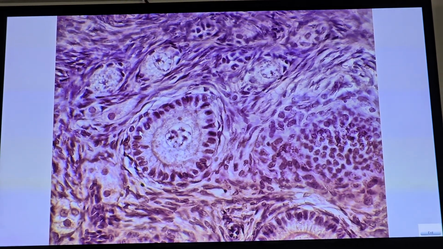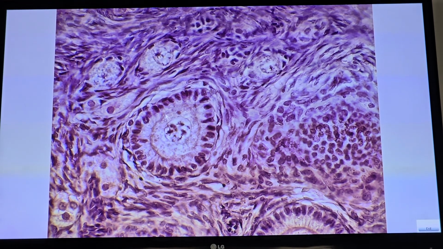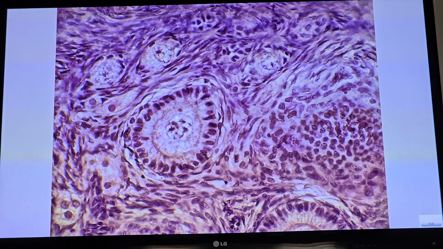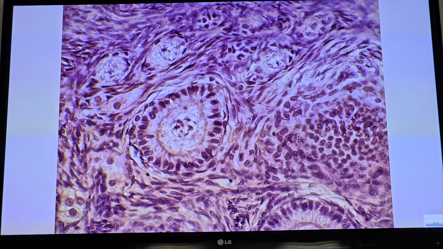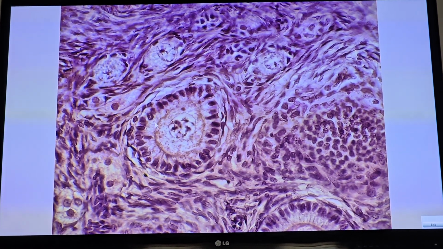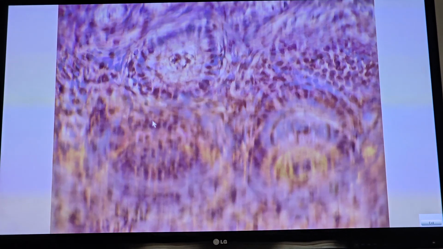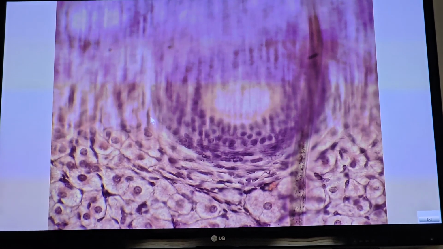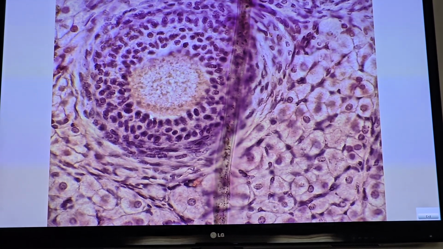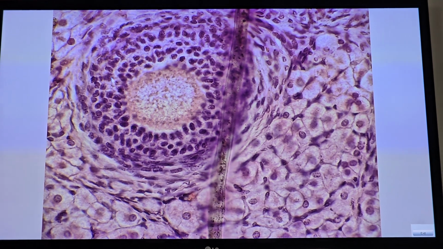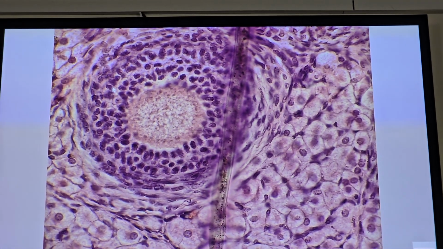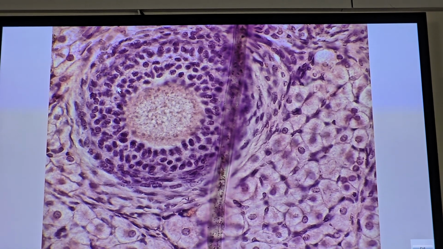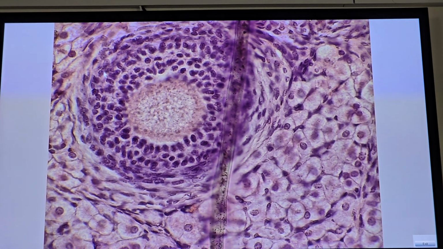Unilaminar primary follicle consisting of oocytes surrounded by a layer of simple cuboidal epithelium. The follicular cells continue to proliferate, forming a stratified epithelium called the granulosum.